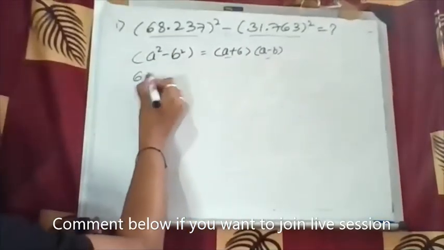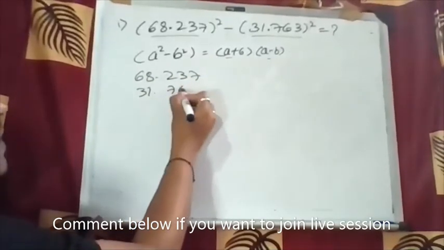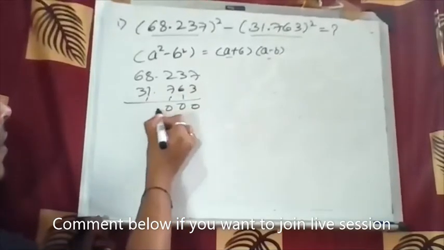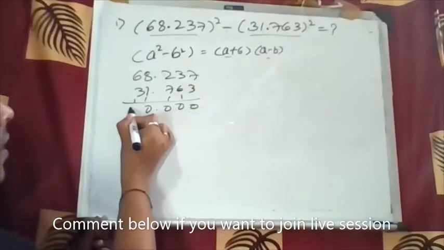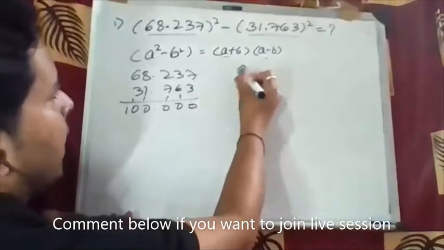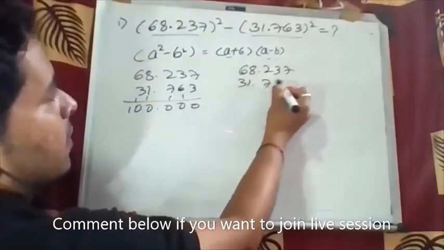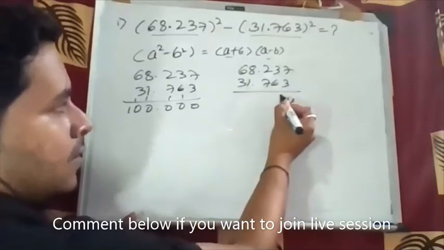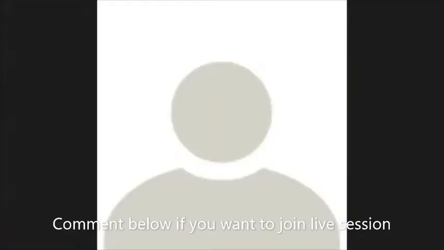So first, 68.237 and 31.763, if you add, you will get 100. And if you subtract 68.237 minus 31.763, we will get 36.474.